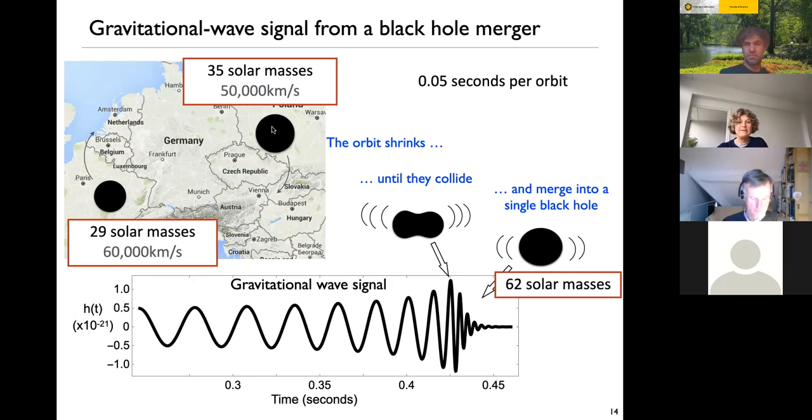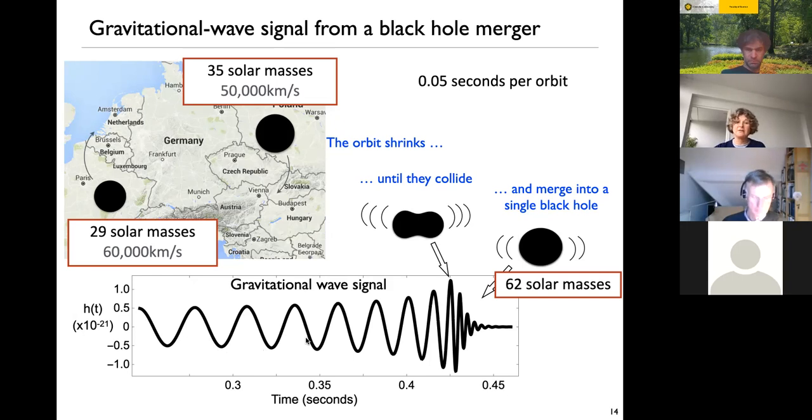So they were already orbiting at close to the speed of light. And that was distorting the space-time curvature. And it takes energy to make these distortions and produce gravitational waves, so the orbit slowly shrinks. And you see on the very bottom the corresponding gravitational wave signal. As they are orbiting, they produce these sinusoidal gravitational waves.